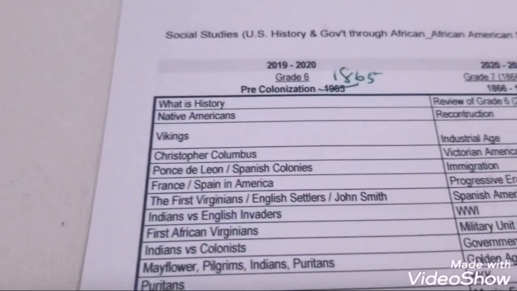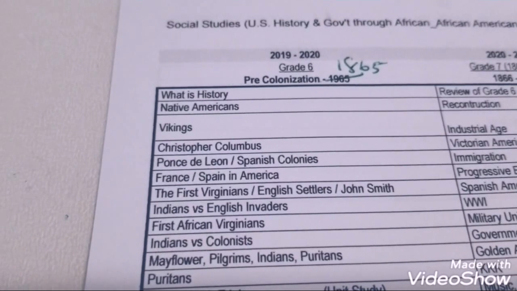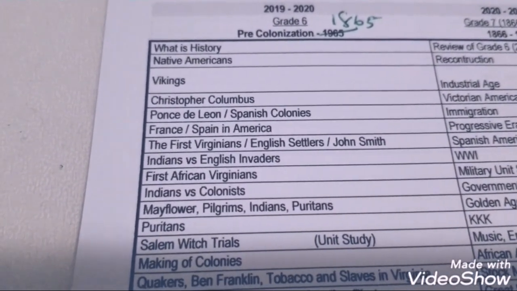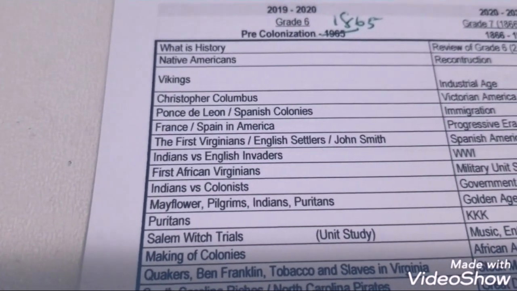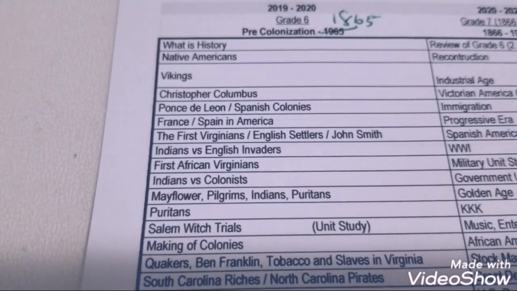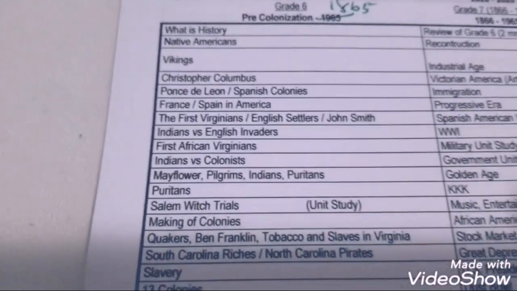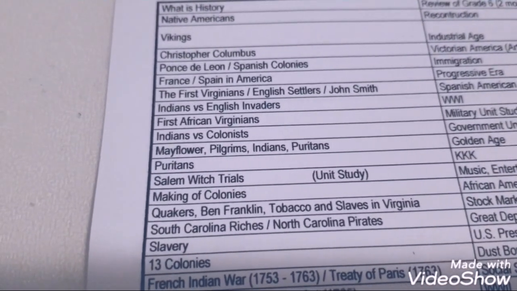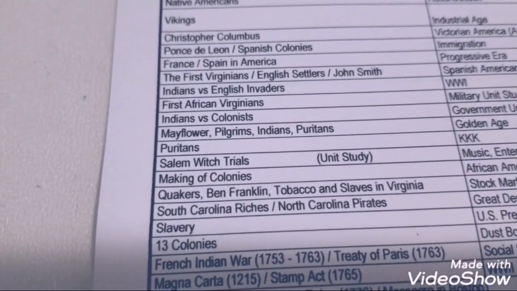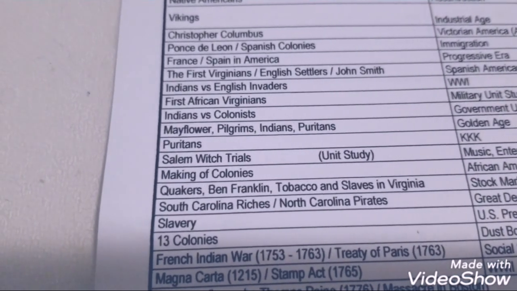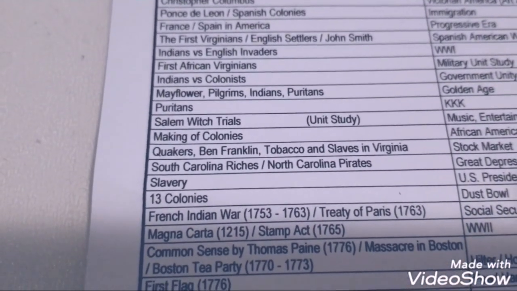Okay, so here are some of the topics that we'll talk about this year. What is history, Native Americans, Vikings, the truth about Christopher Columbus, Ponce de Leon, Spanish colonies, France and Spain in America, English settlers, Indian versus English invaders, the first African Virginians, the Mayflower, Pilgrims, Indians, Puritans, Salem witch trials, making of colonies.